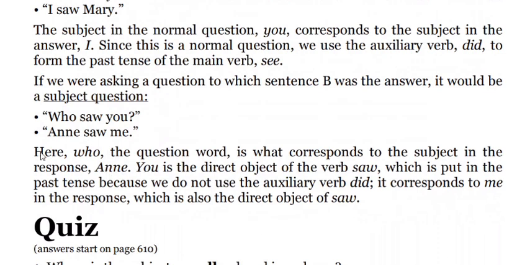Here, "who," the question word, corresponds to the subject in the response, "he." "You" is the direct object of the verb "saw," which is put in the past tense because we do not use the auxiliary verb "did." It corresponds to "me" in the response, which is also the direct object of "saw."